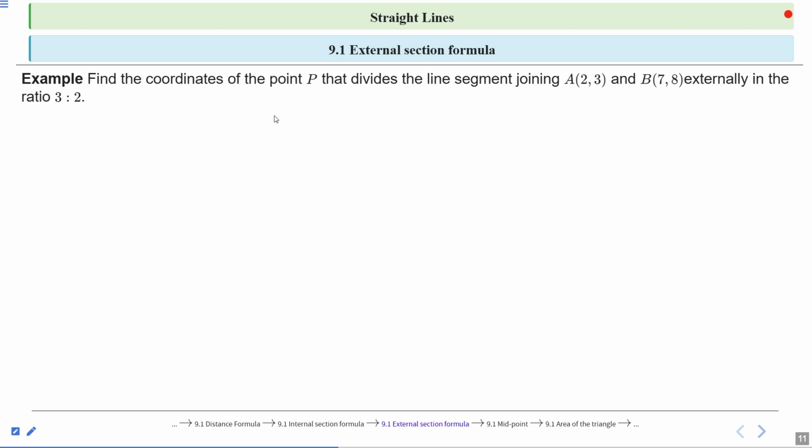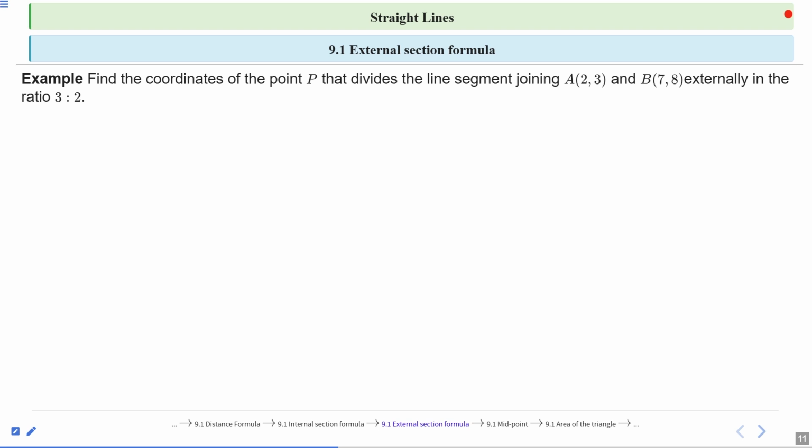Okay, so now we have to find the coordinates of the point P that divides the line segment joining A, whose coordinates are 2, 3, and B, whose coordinates are 7, 8. So P divides the line segment joining A and B externally in the ratio 3:2.